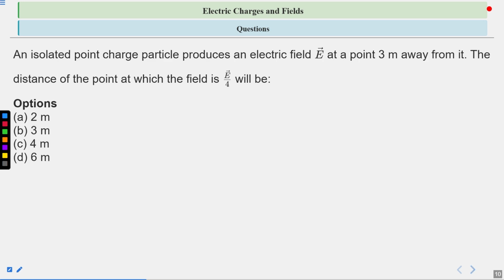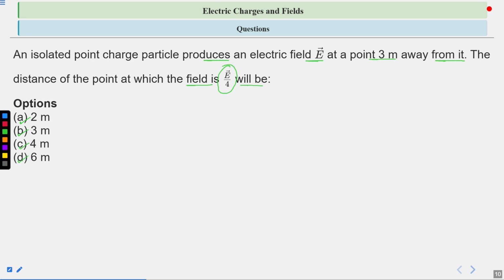An isolated point charge particle produces an electric field E at a point 3 meter away from it. The distance of point at which the field is E by 4 will be what? So here you have to find out the distance of the point. The given options: option A is 2 meter, option B 3 meter, option C 4 meter, and option D 6 meter.